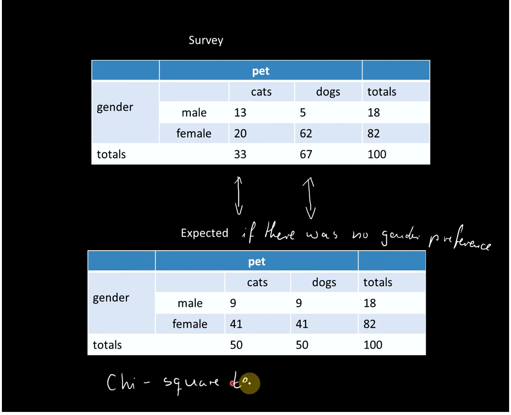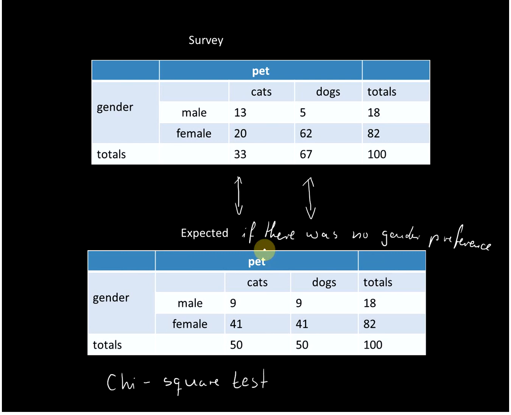So we have frequencies. How often do men like dogs and cats? And how closely is this to our expected value? Now, we could calculate this by hand, but there is an easier way.